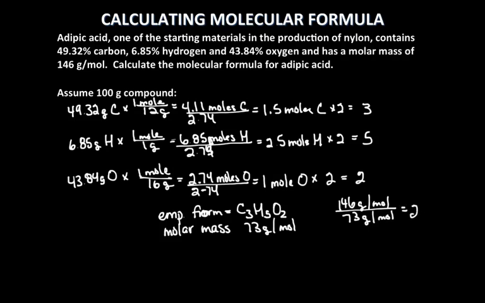And that gives us a ratio of 2, which tells us we need to multiply all of the subscripts in the empirical formula by 2, and when we do that, we get a molecular formula of C6H10O4. So there's the molecular formula, and that's one way to calculate it, starting with the percentages, just as we did with empirical formula, and adding the extra step of using molar mass.